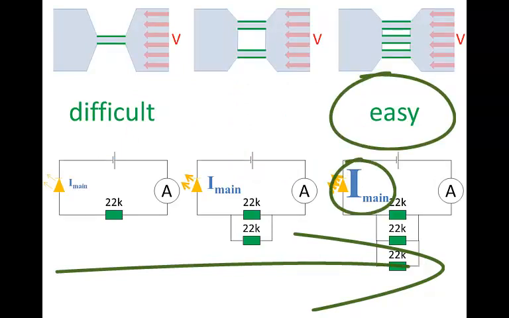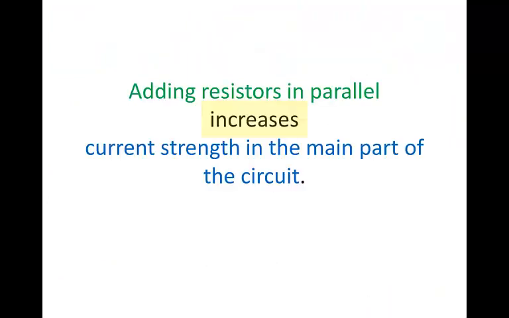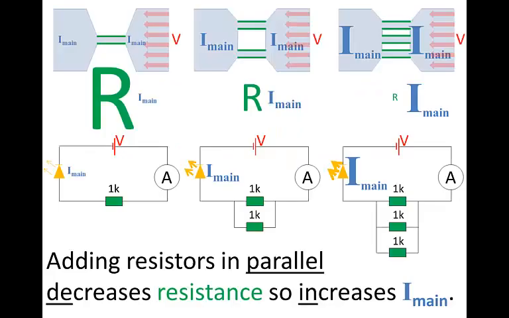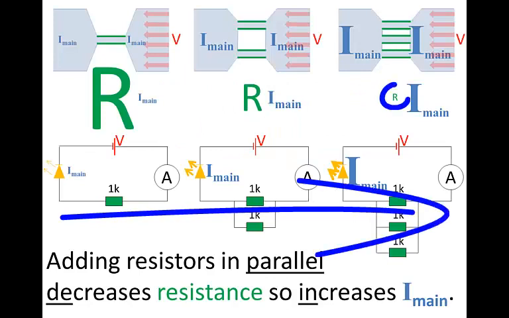The more current flows. Adding resistors in parallel increases current strength in the main part of the circuit. And that's because adding resistors in parallel decreases resistance. It makes it easier. And that's why it increases I main. It makes the current strength in the main part of the circuit go up.